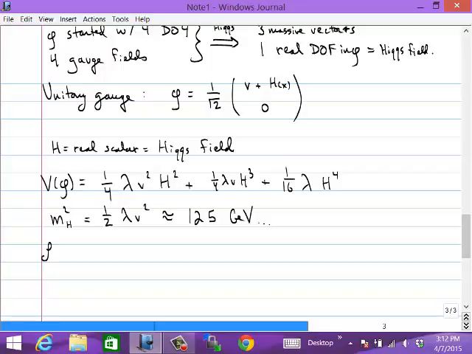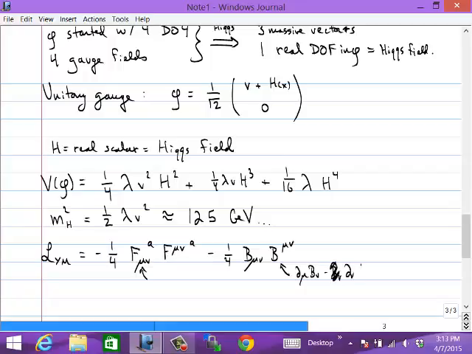So in particular, the action describing the gauge fields is just the normal action of a Yang-Mills theory. So minus 1/4 f squared, where f here is now the curvature of the SU2 gauge fields, and b here is d mu b nu minus d nu b mu.